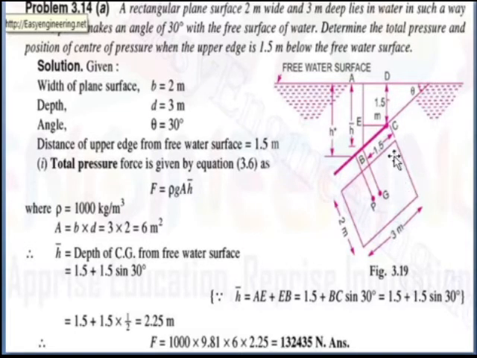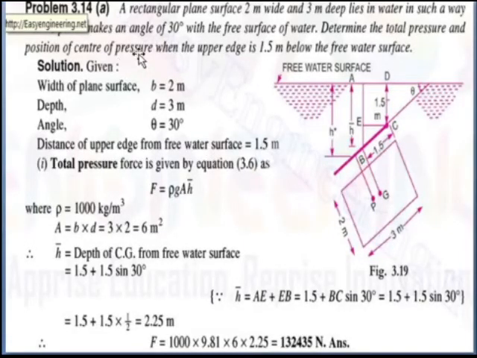Also, the rectangular plate is at a distance of 1.5 meter from the free surface of the liquid. Now we will solve the problem, and we have to calculate the total pressure and the center of pressure.